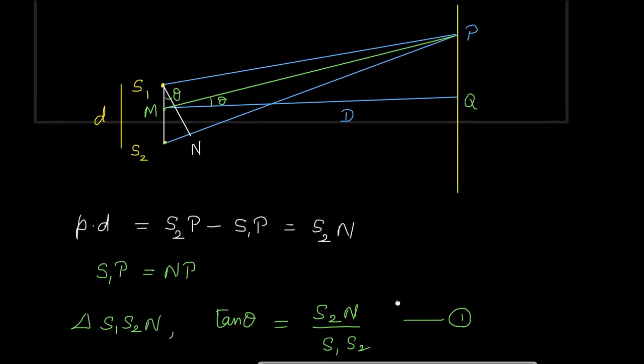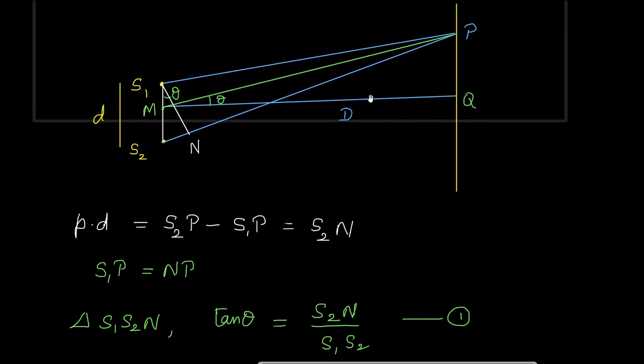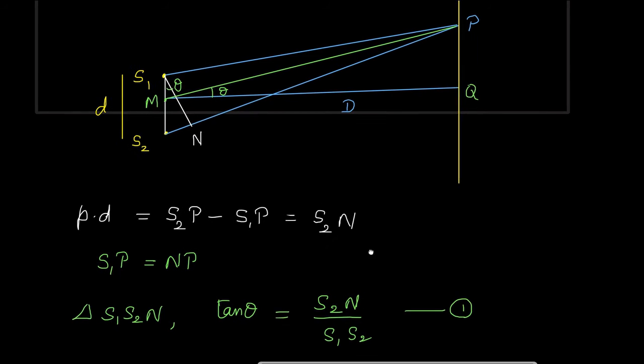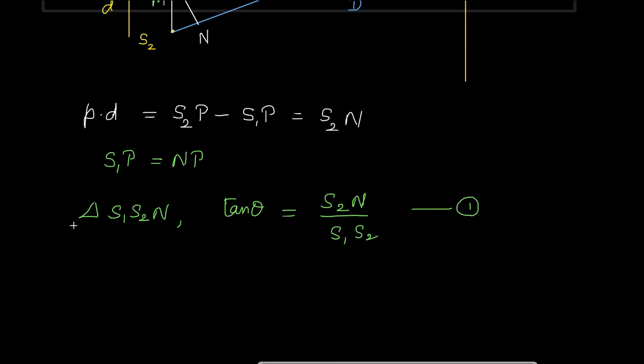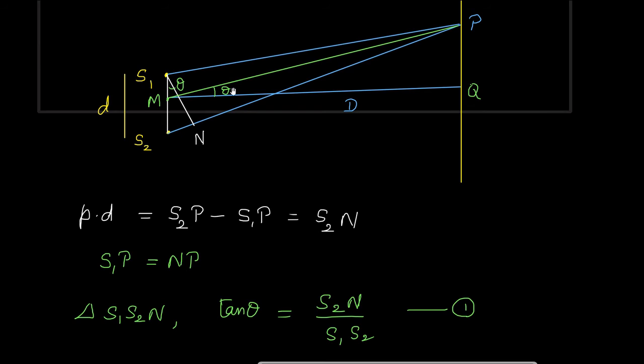Similarly, from the triangle QMP, what is tan theta? Tan theta equals PQ divided by MP.